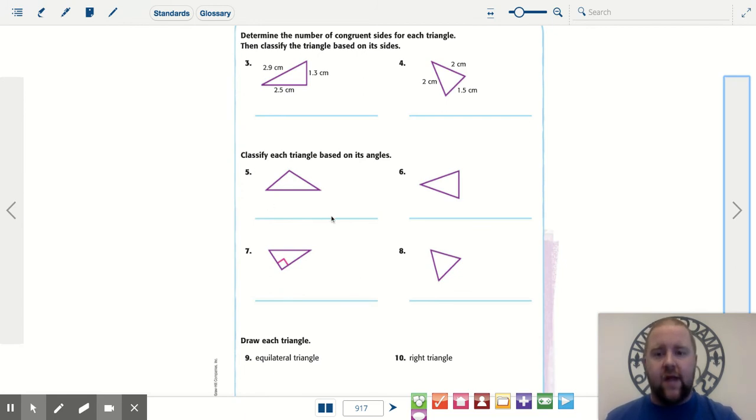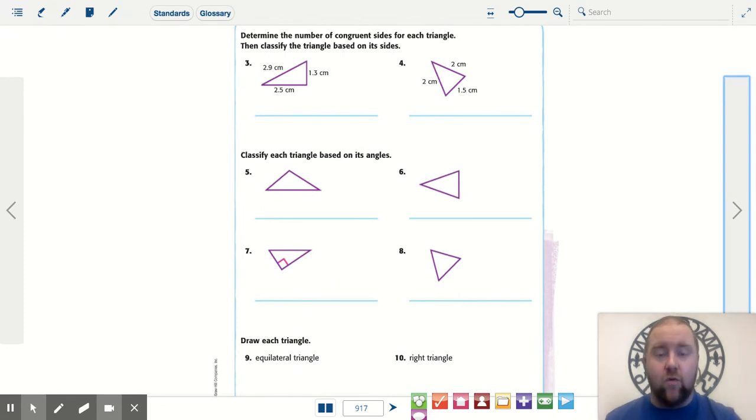Now, when we're looking down here and it says to classify by its angles, you'll notice this one has a right angle because they put that little box there. So that would automatically be a right triangle. Then we're looking here. This has a big wide angle. Open up and say wide: obtuse. And then right here, we've got three angles for this triangle, which are smaller, cute little angles.